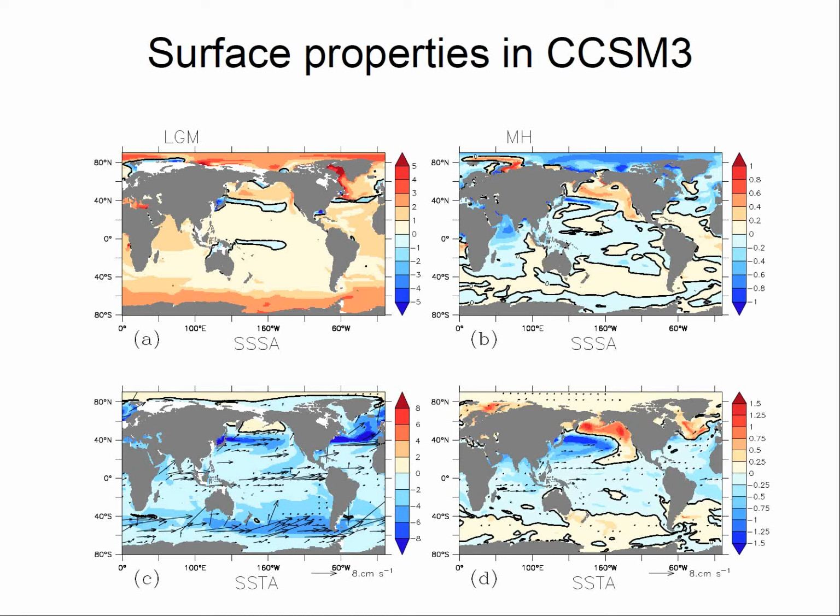And we see a stronger ACC at that time, and a shift in the Gulf Stream, where it's located, with an anomaly here. And in the mid-Holocene, there's more spread around the globe with a more patchy pattern.